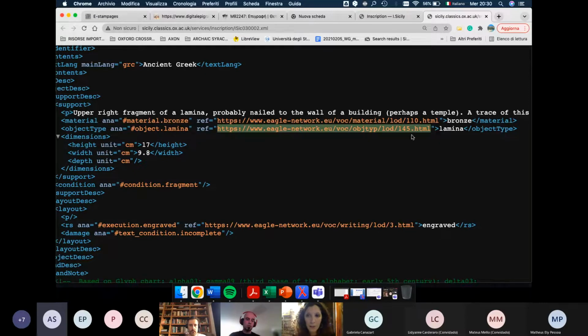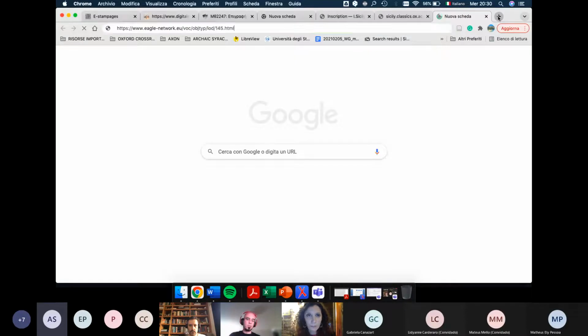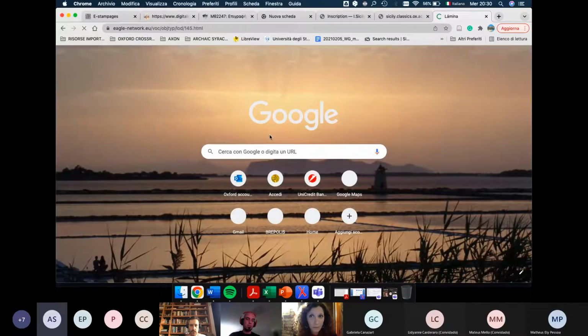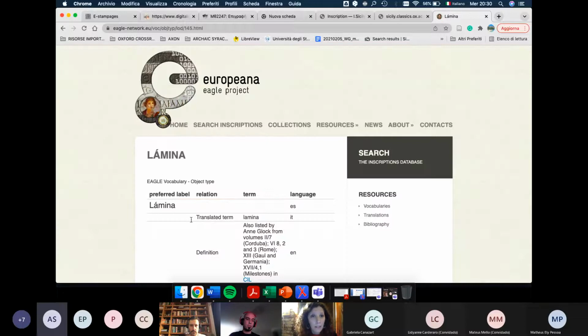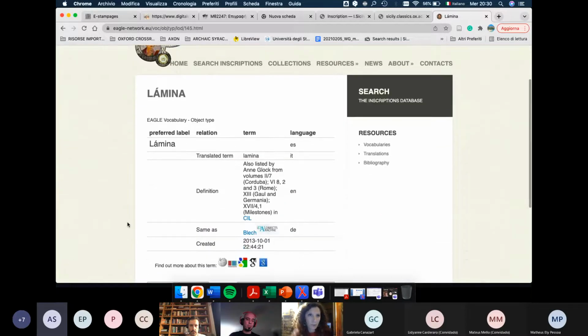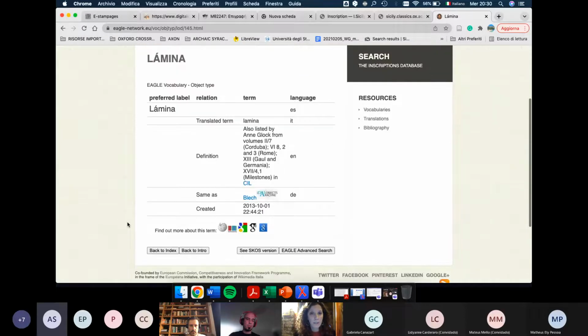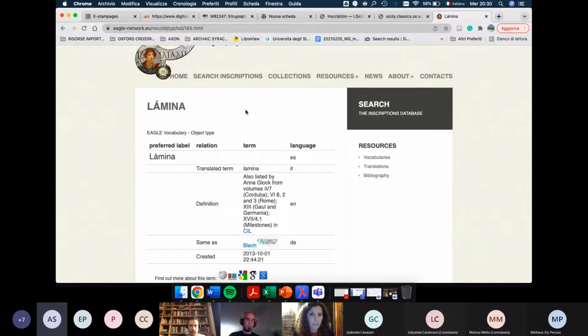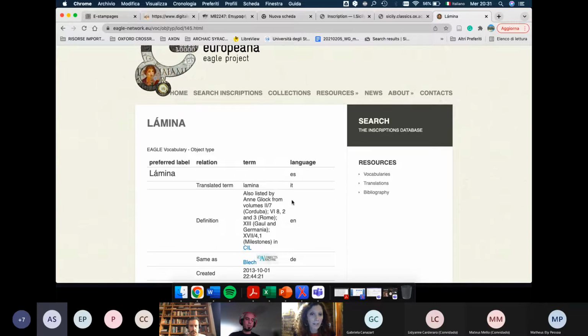So, for example, here we have this URI for lamina. When you go on the URI, you just copy and paste it into your browser, and you can see that you have the description of lamina, the other coordinates to it, how it is translated in different languages. In this case, this entry is very poor, but there are other cases in which we have different translations, descriptions, and so on.